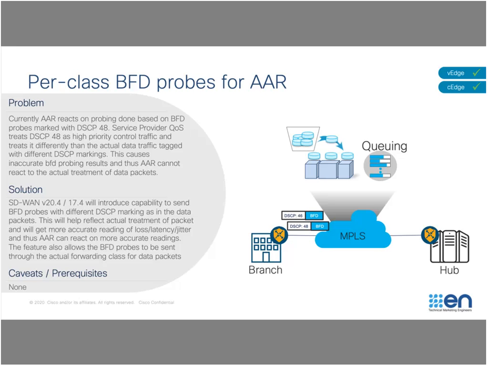So with this feature, what we're attempting to do, similar to what IWAN did, is allow the administrator to adjust the BFD probing mechanism so that we can mark it with different DSCP values, right?